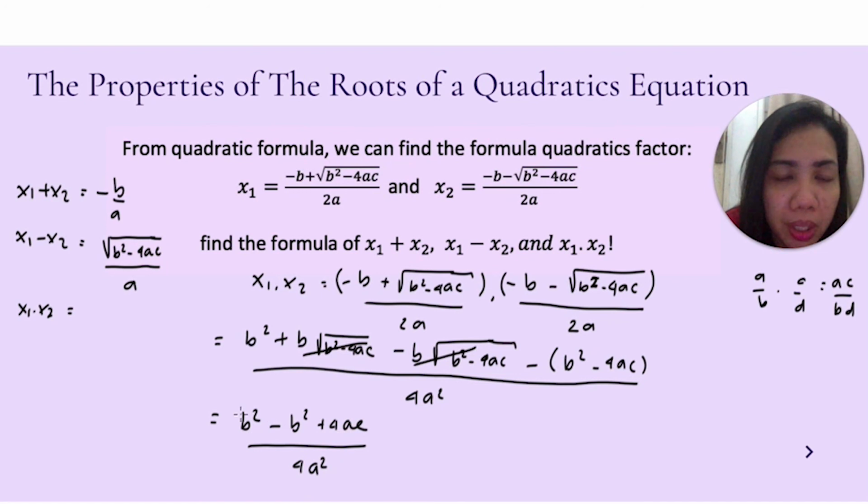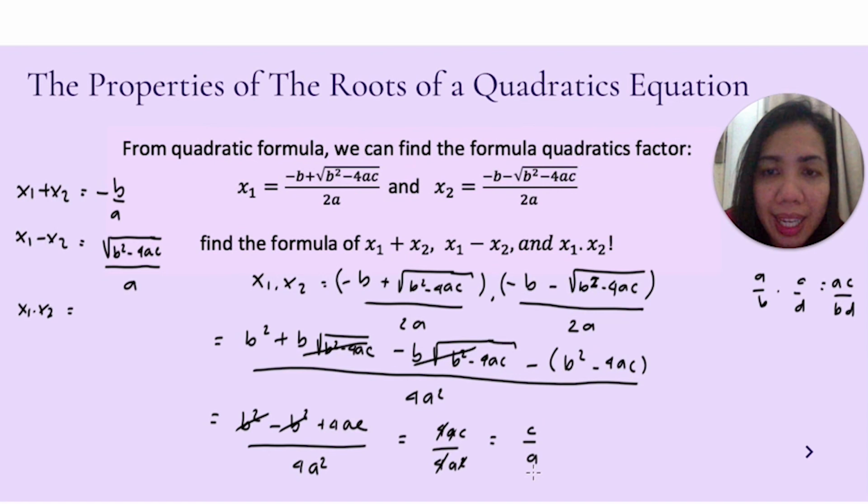In here we can get rid of this b squared, they cancel out each other, and the rest of it is 4ac over 4a squared. Here also we can simplify this 4 and this a, so the final answer is c over a. So this is the final answer of x1 times x2. So this is the formula of the factor multiplication, which is c over a.